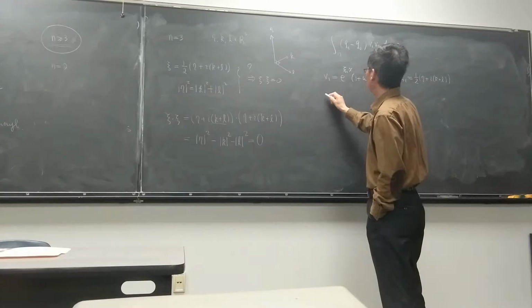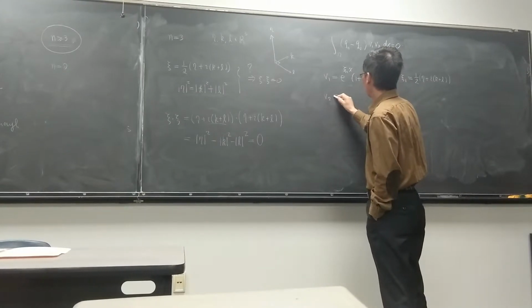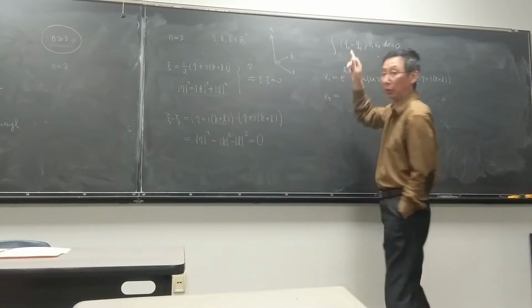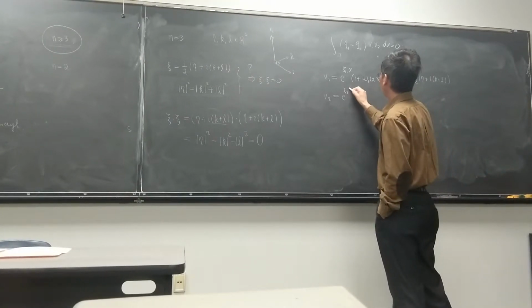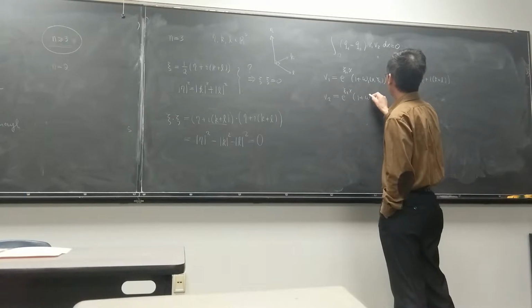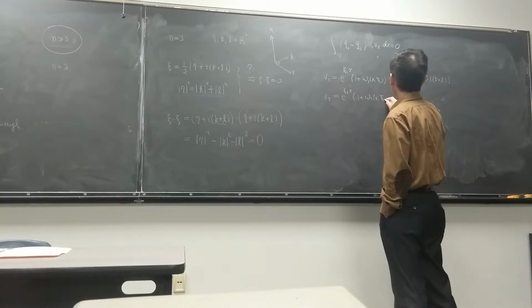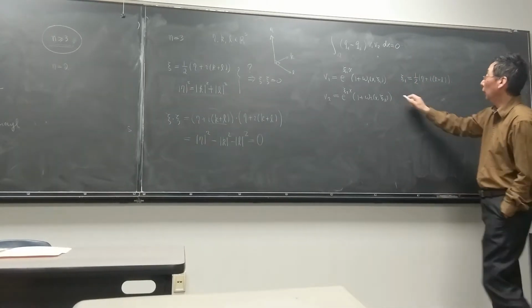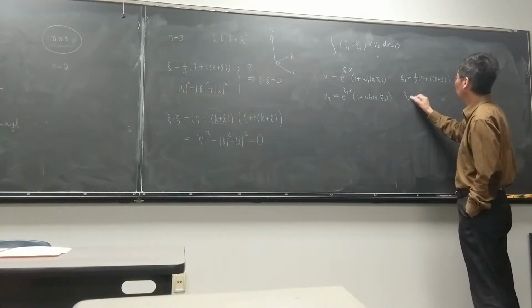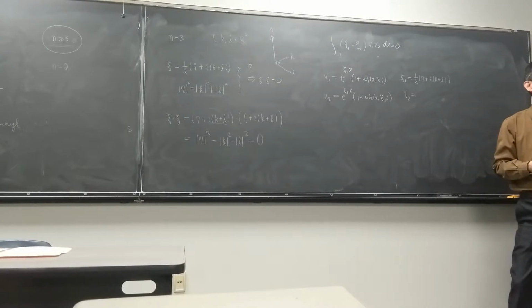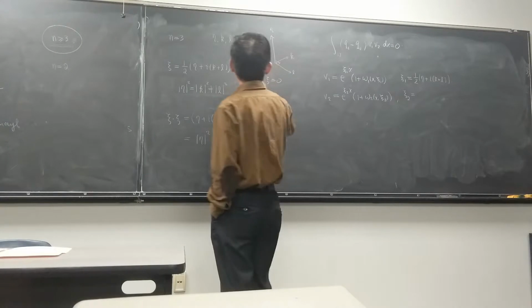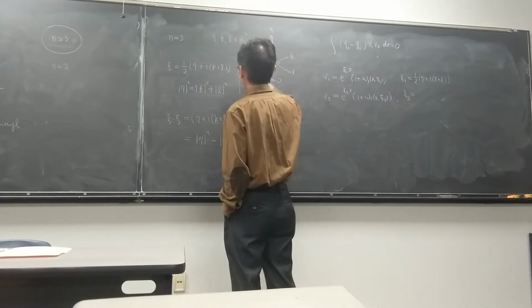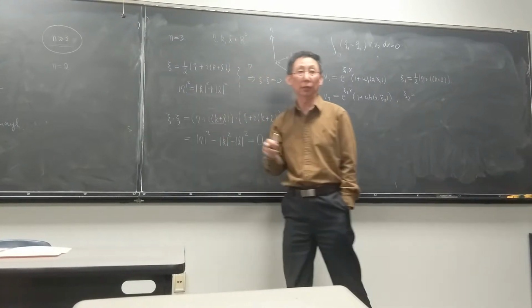And I choose V2. V2 corresponds to the second Schrodinger equation with the potential Q2, right? Okay. So this one I'm going to choose e to the C2 x, 1 plus omega 2 x, C2. Okay. And then for C2, I choose a different C. So that's the trick. So we know that these three vectors have to satisfy this relationship, right?